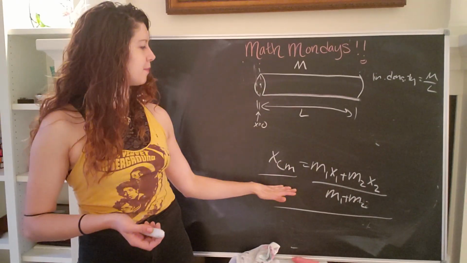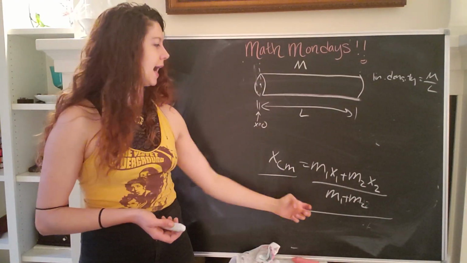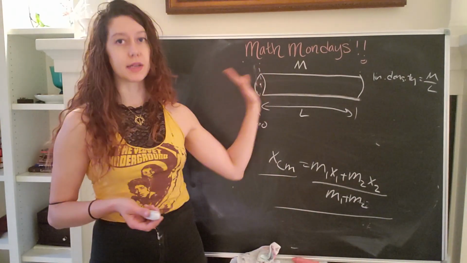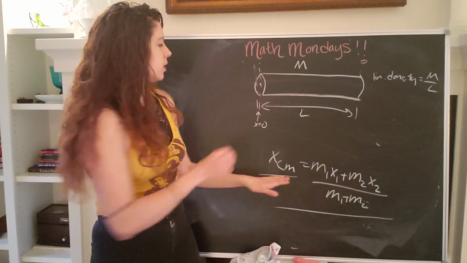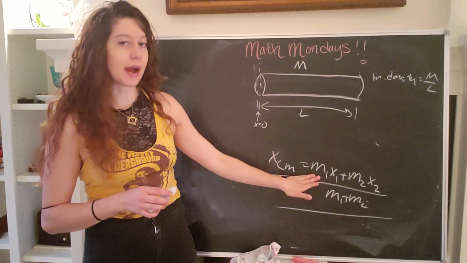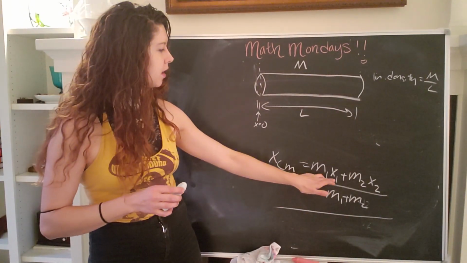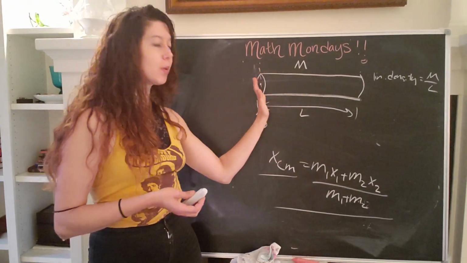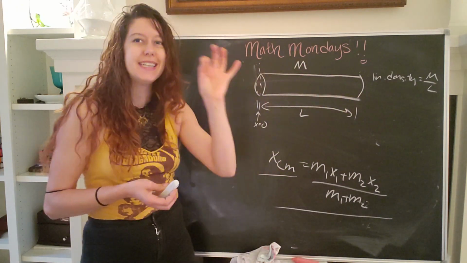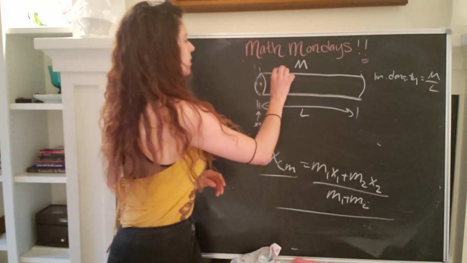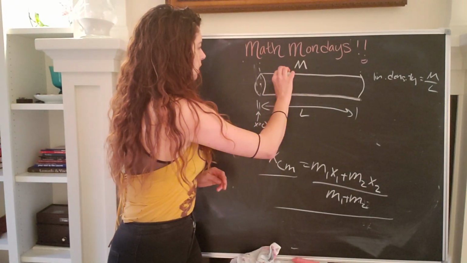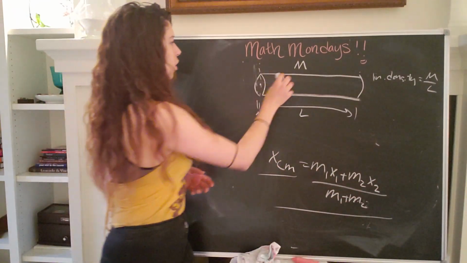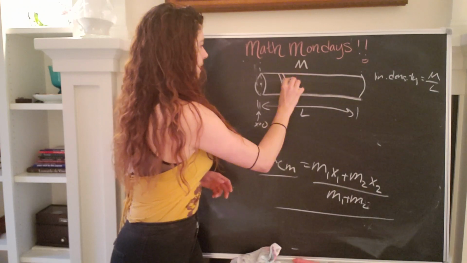And so that basically means that our weighted average is going to turn into an integral, because instead of just one object, two objects, three objects, we're adding up a ton of teeny tiny little objects within the bar that we are going to call, rather than M1, M2, M3, etc., dm.